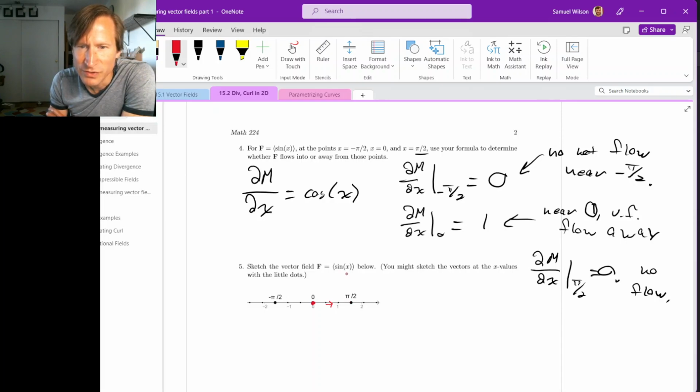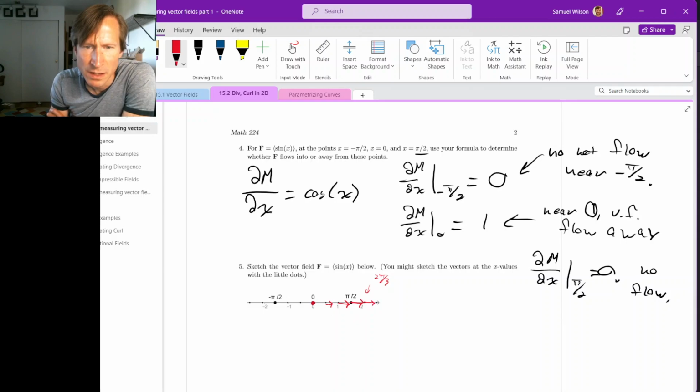Sine of this point right here is going to be pi over 3, I guess. 2 pi over 6, pi over 3. So sine of pi over 3 is root 3 over 2, which is bigger than a half, but less than 1, so maybe we'll write it like that. At pi over 2, it's 1. And this spot is going to be 2 pi over 3, so sine of that is root 3 over 2 again.